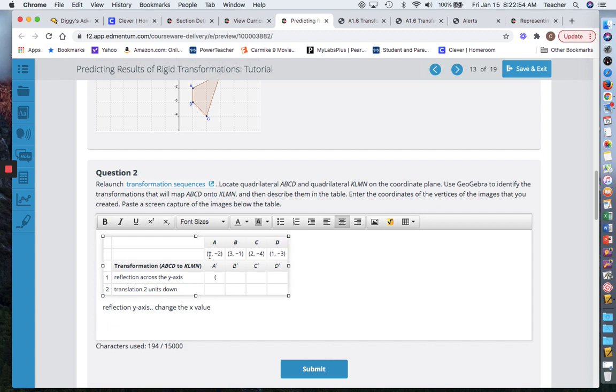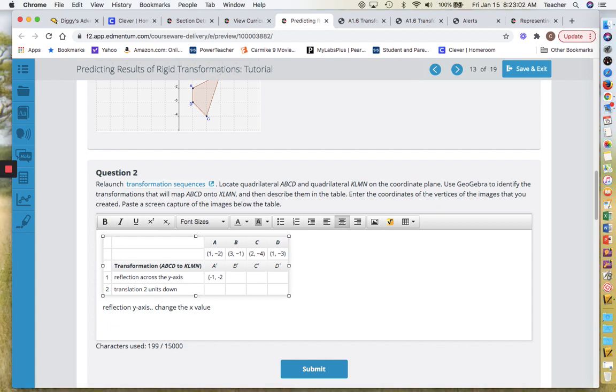So our x's are the 1, the 3, the 2, the 1. All of those are going to change signs, and now they're going to become negative. The y value stays the same. So 3 becomes negative 3, negative 1 stays the same. 2 becomes negative 2, the negative 4 stays the same. The 1 becomes a negative 1, the negative 3 stays the same.